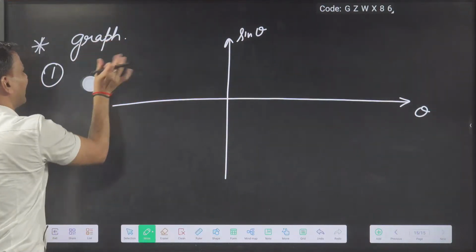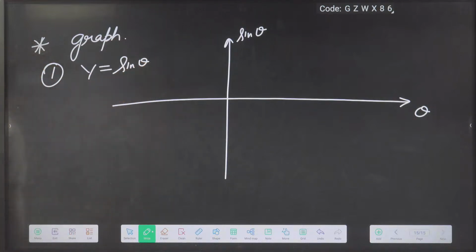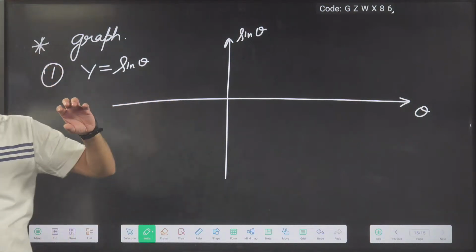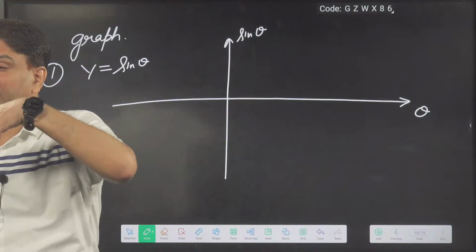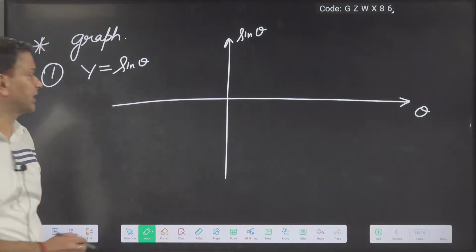Basically we can say y is equal to sin theta, meaning on the y-axis we are plotting sin theta, and on the x-axis we are plotting theta. Some values we know directly, like sin 0 is equal to 0. So from 0 to 90, the sin value increases.